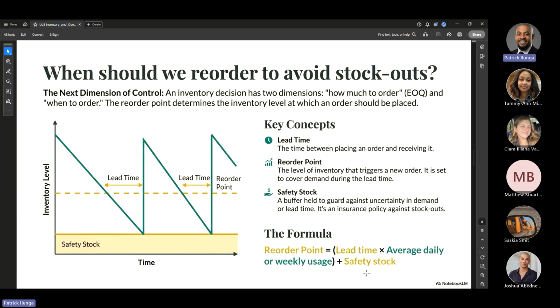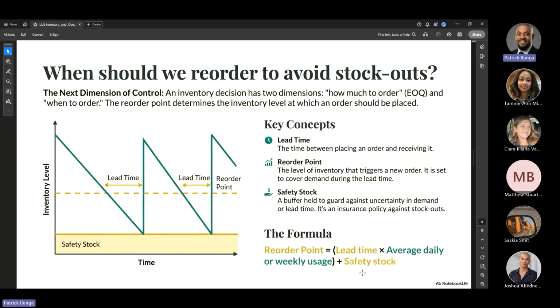But you should also add, depending on if you are dealing with a usage that is not consistent. Let's say some weeks you use 38, other weeks you use 20. Do you see that? That could be a problem. So you need what we call a safety stock. You look at the maximal usage you can have per week. Let's say the maximal usage is 40.